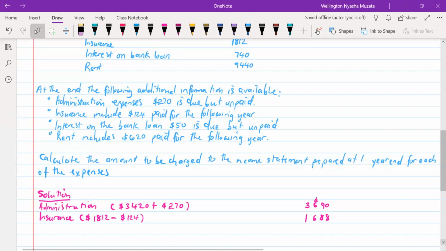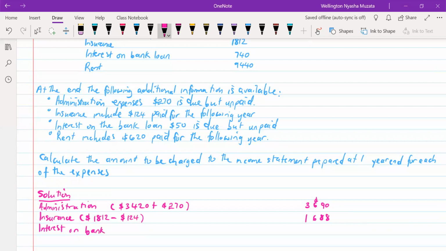We move on to the interest on bank loan. We need to remember under insurance that the $124 prepaid means that we've overpaid an expense and those individuals now owe us money, which means this is a current asset of $124 since it's a prepayment, right?